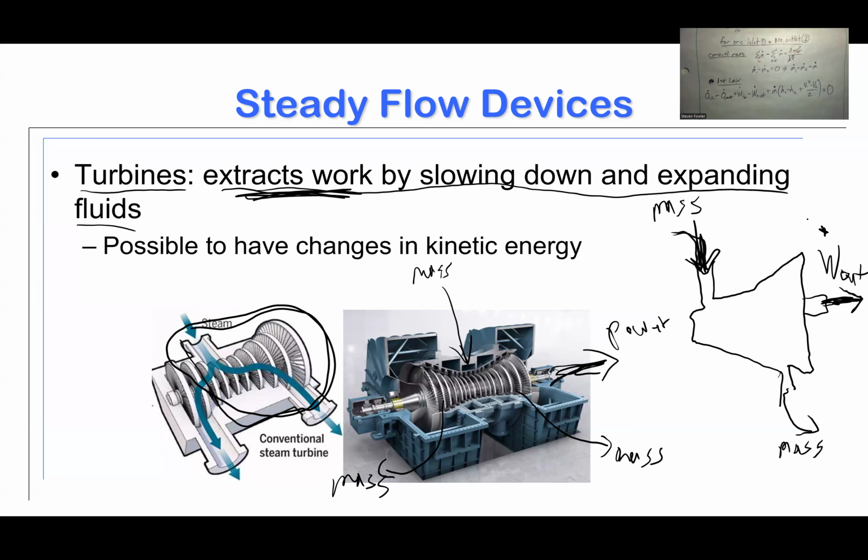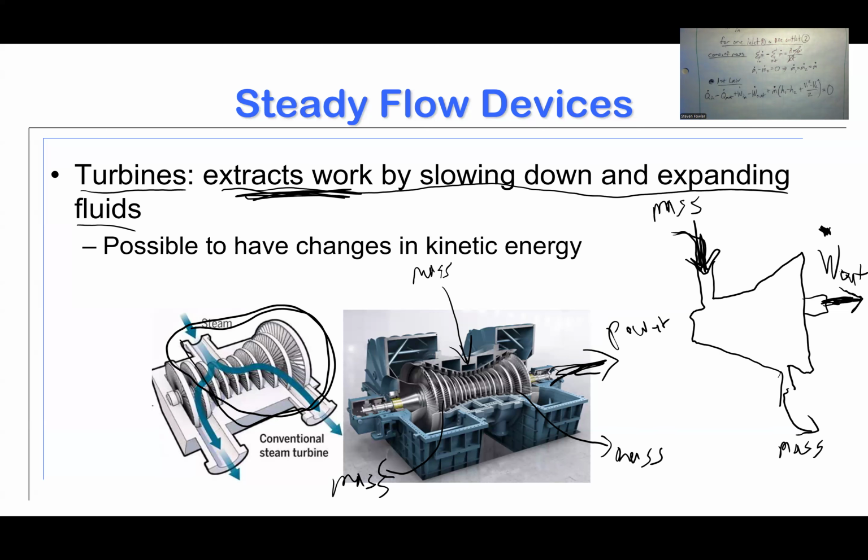So you have mass coming in, you have mass going out, and you have a power output. There's probably going to be some heat transfer, although we will often try to insulate these devices so they don't lose a lot of heat. But you are going to lose probably some.